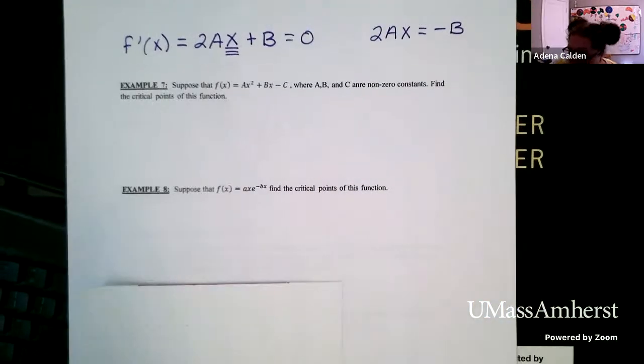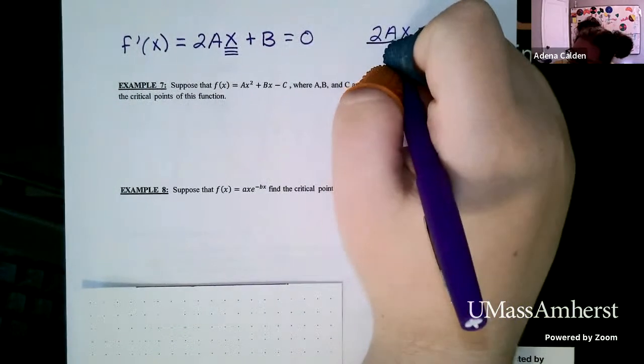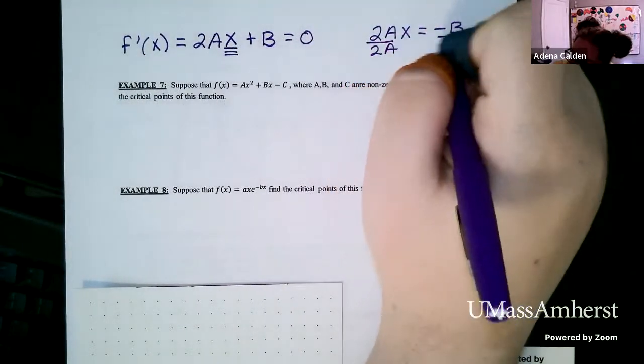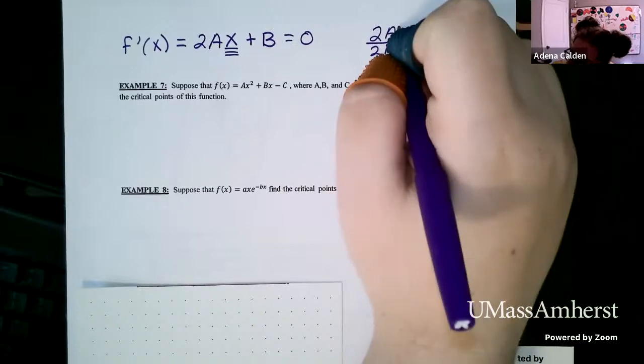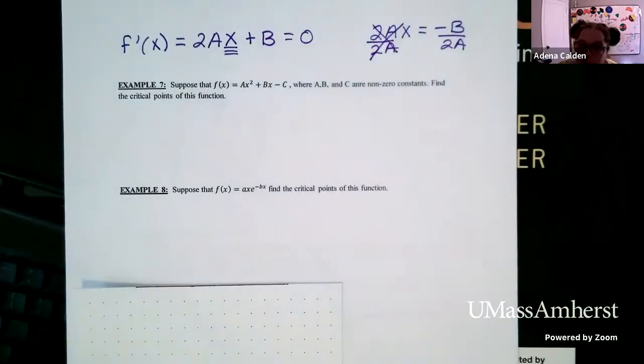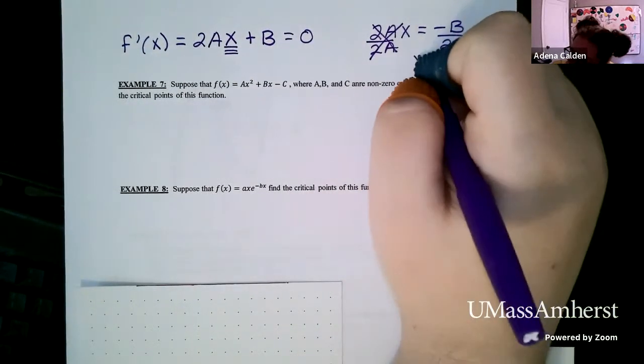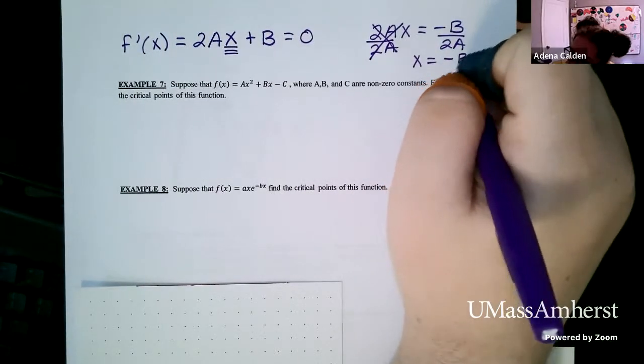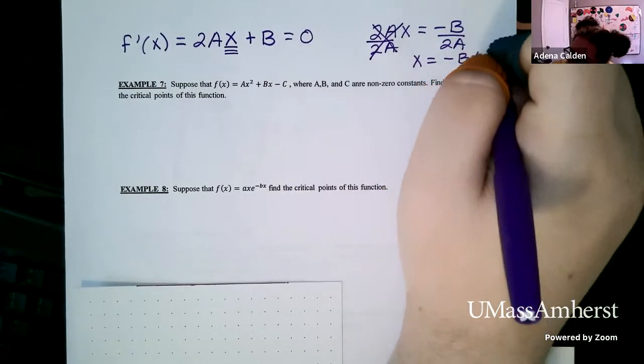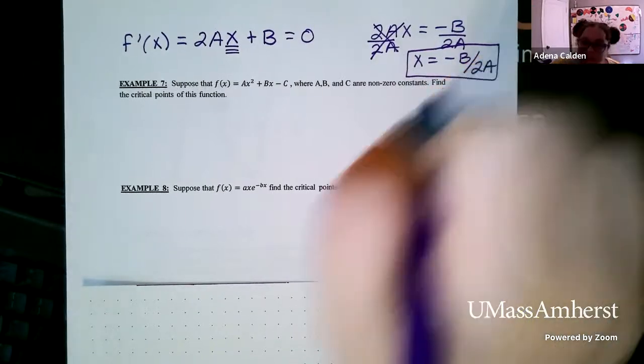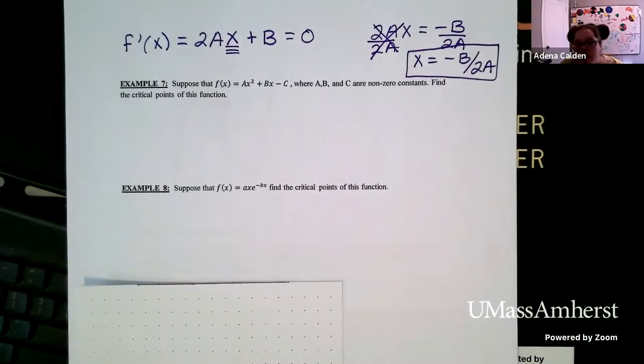And now to solve for x, we have to divide out 2a. Okay, so it's going to cancel on the left, and we're left with x equals negative b over 2a.